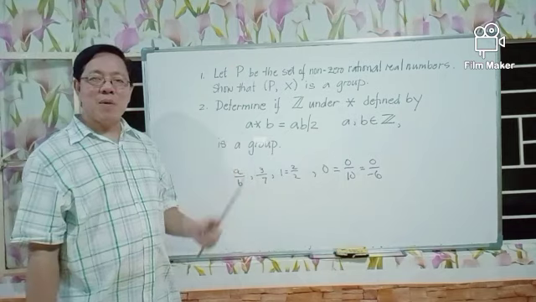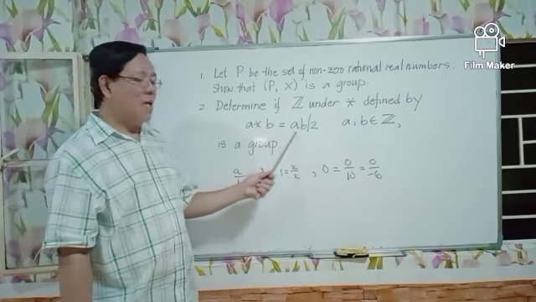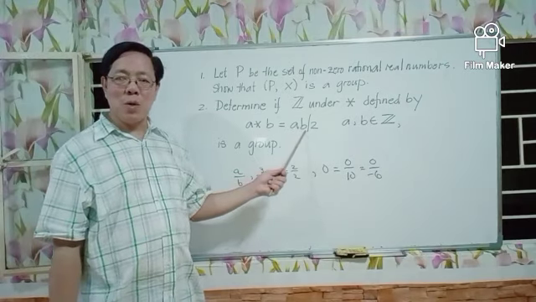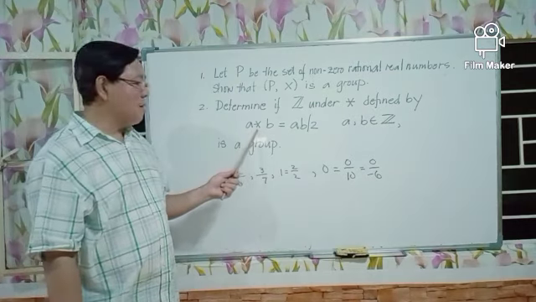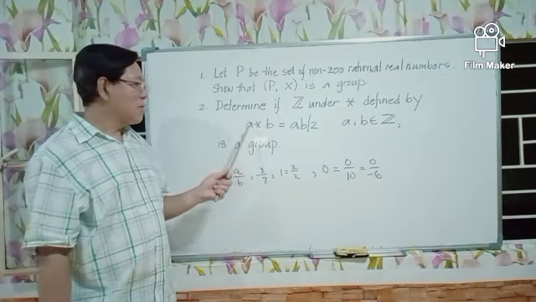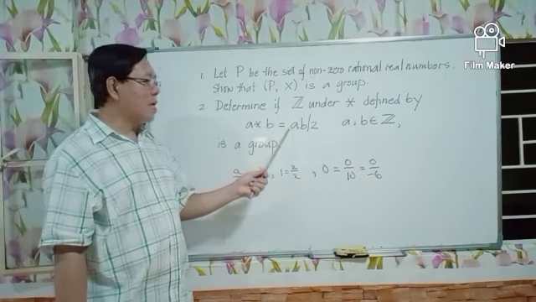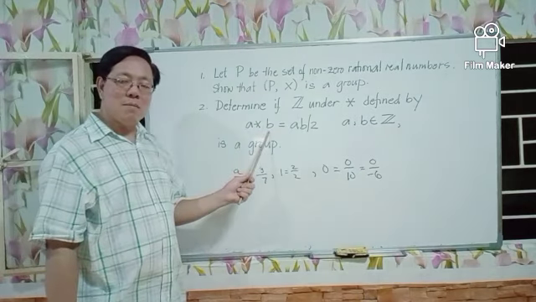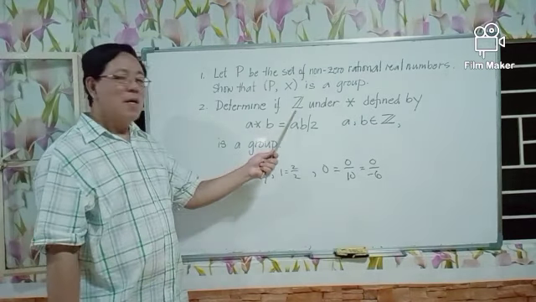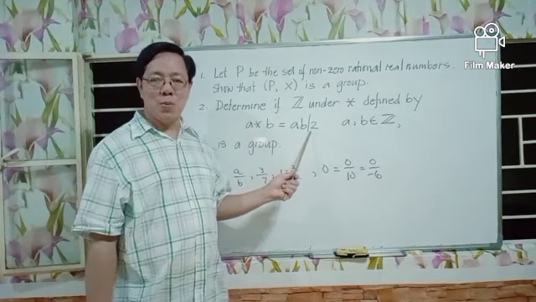This formula gives you how to combine the integers A and B by the binary operation star: multiply the first integer A by the second integer B, and the product is divided by 2.